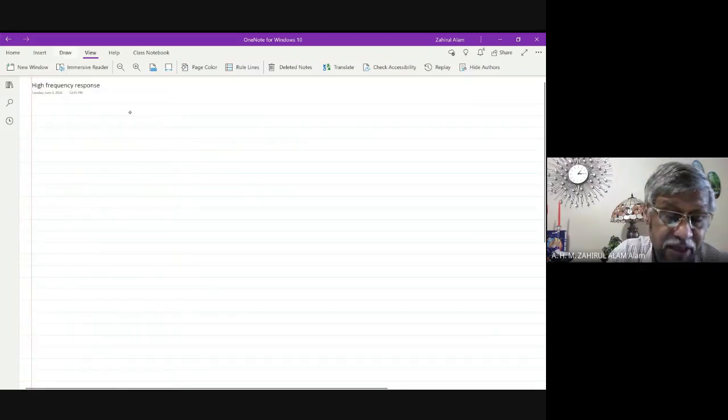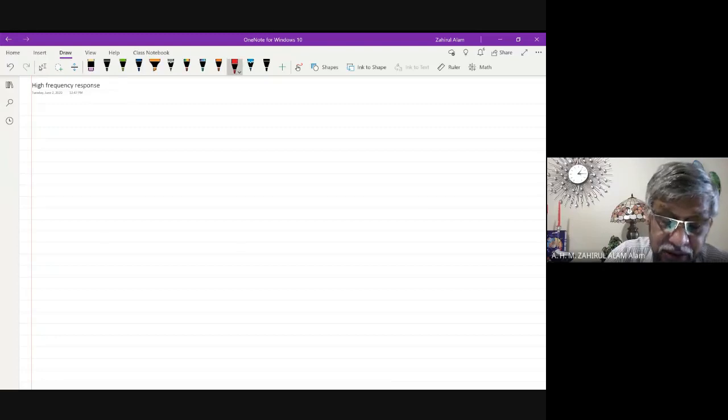So what is the beginning? For example, this is our common emitter amplifier.